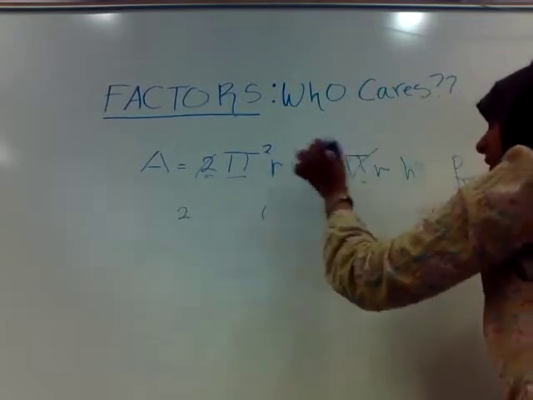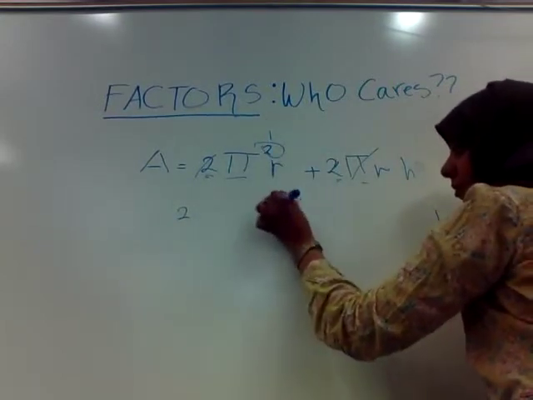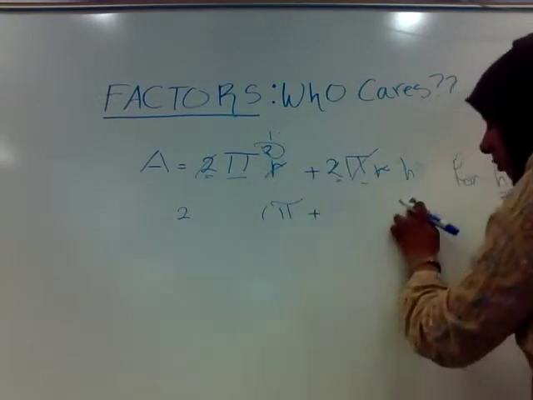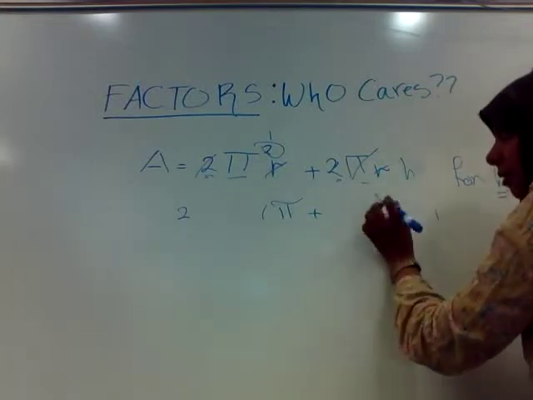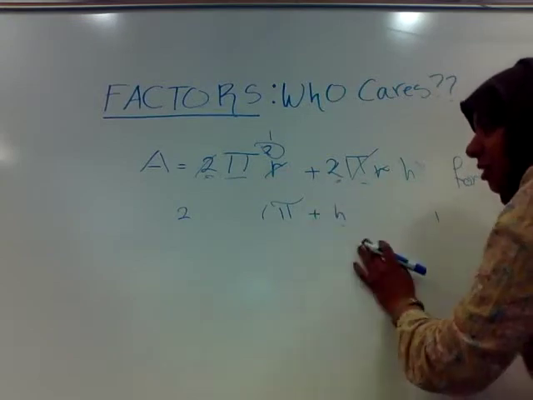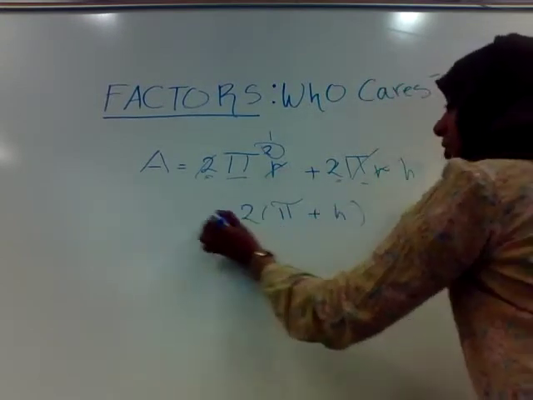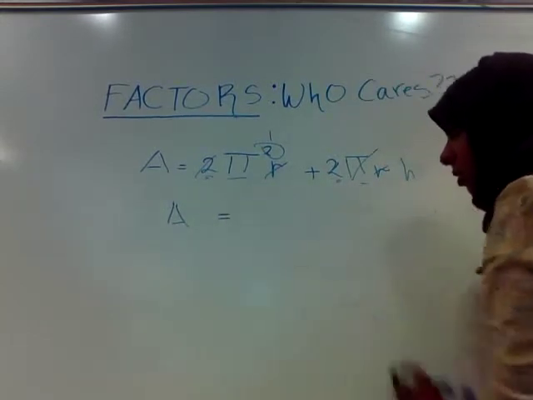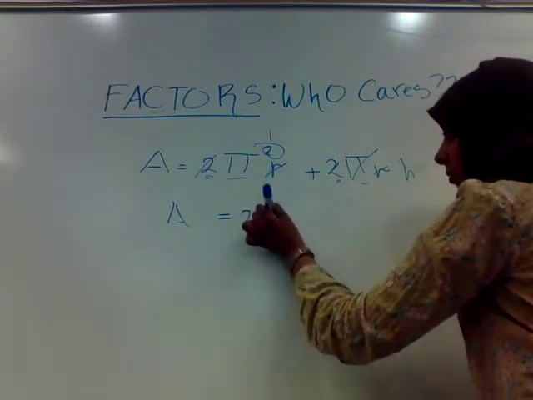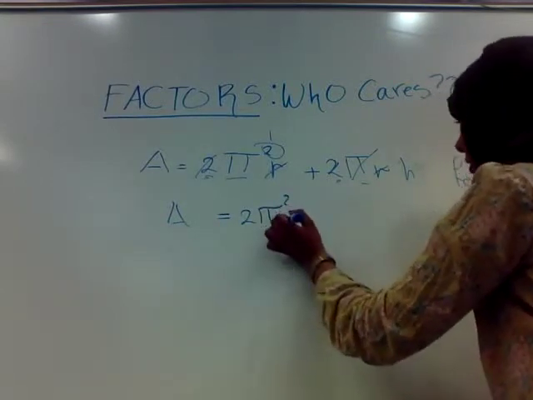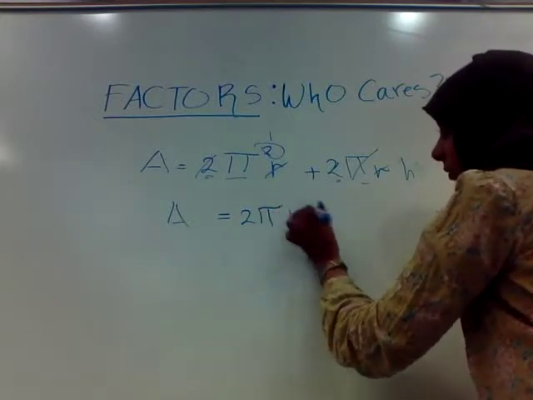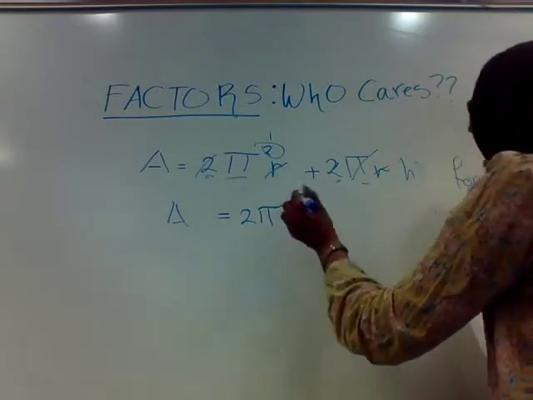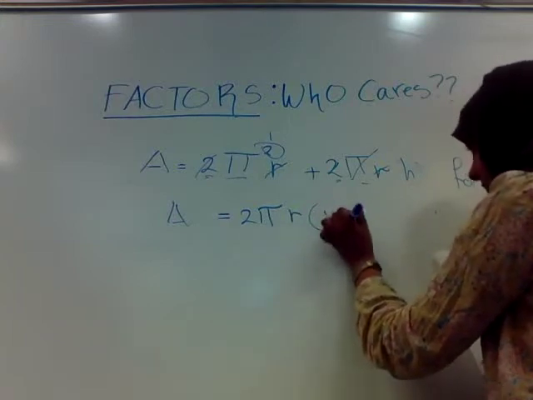We take 2π out, and now we are left with r, plus h, so we have r plus h in parentheses.